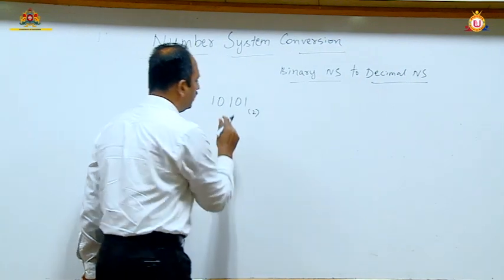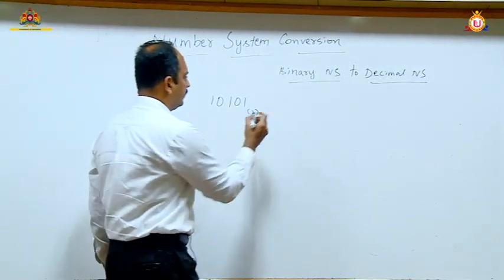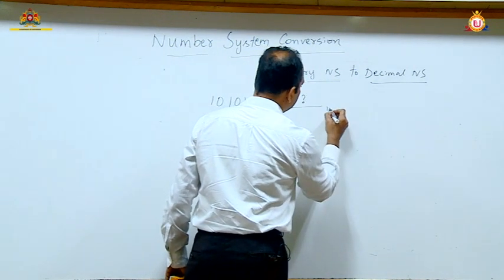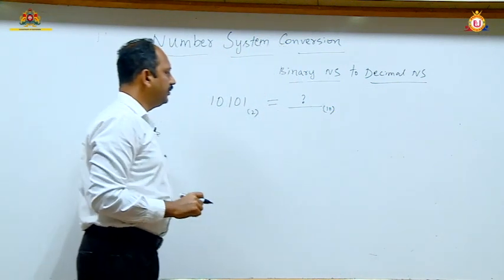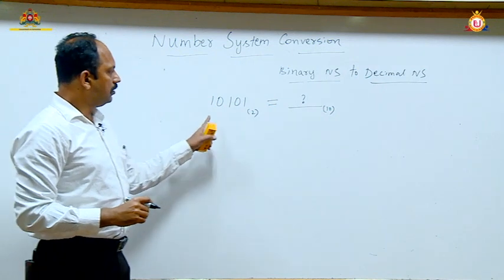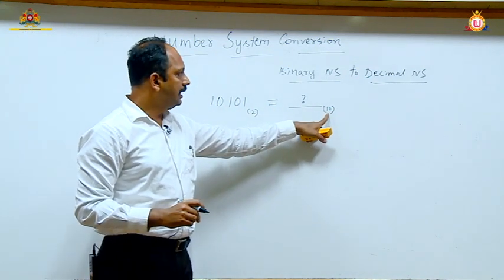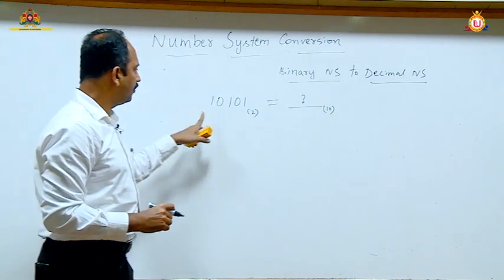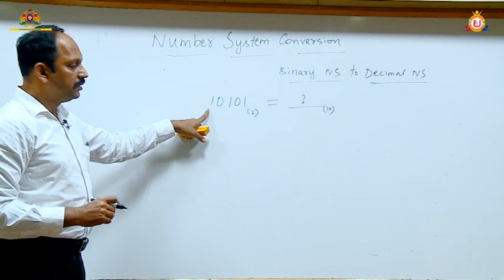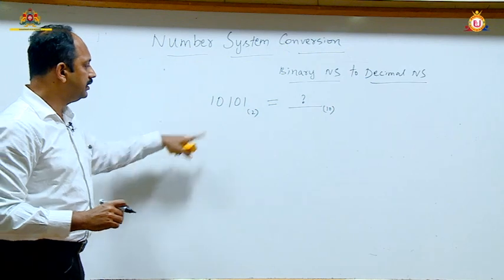How do we indicate that it is a binary number? Subscript 2 is written. So what is the decimal equivalent of this? Now the target is decimal number. Therefore what we should do is, we have to get the weightage of every position of this digit.